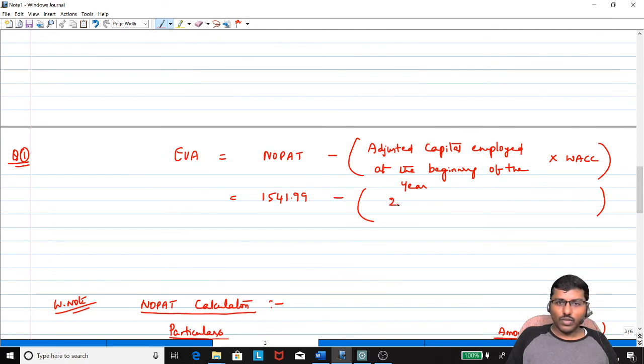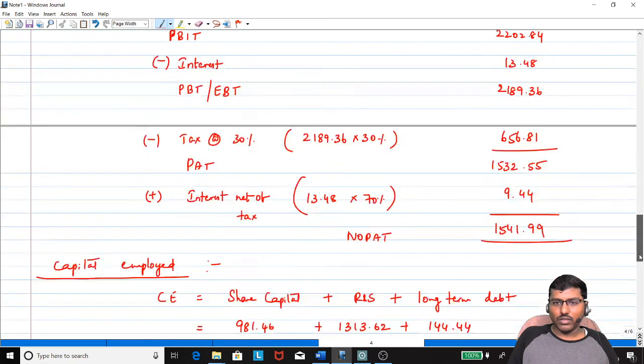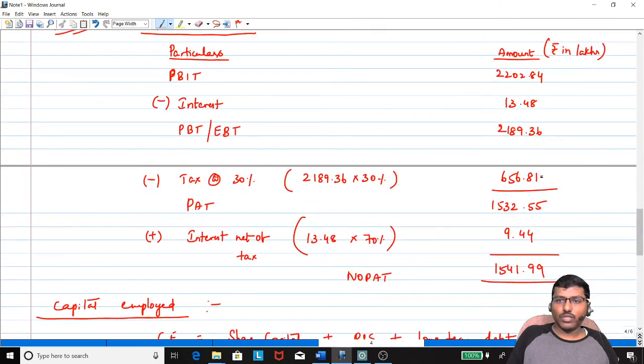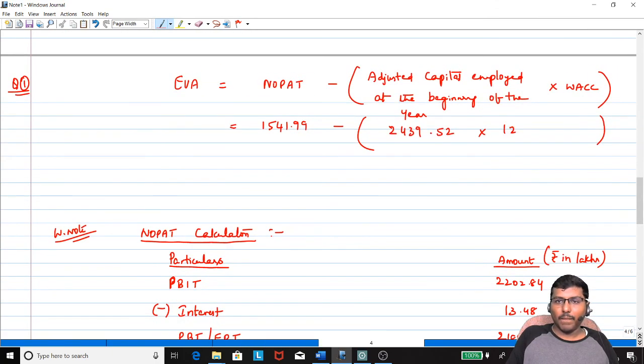So finally, what will be your adjusted capital employed? It is 2439.52, correct only na? Into what is WACC? 12.06%. So if you do this, your answer is going to be 1541.99 minus 2439.52 into 12.06%, 294.206.